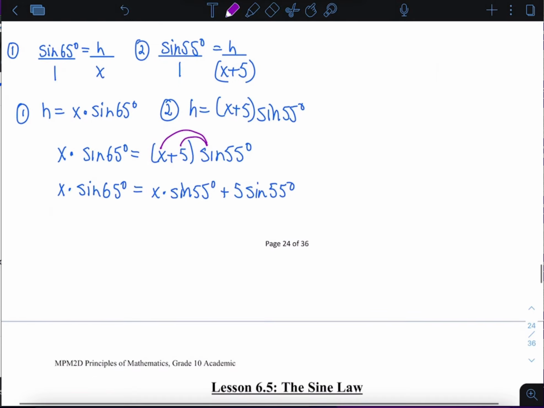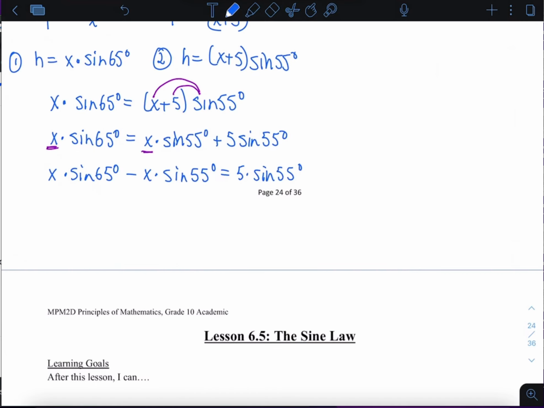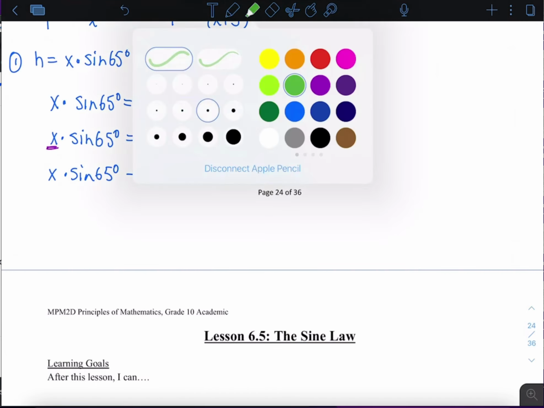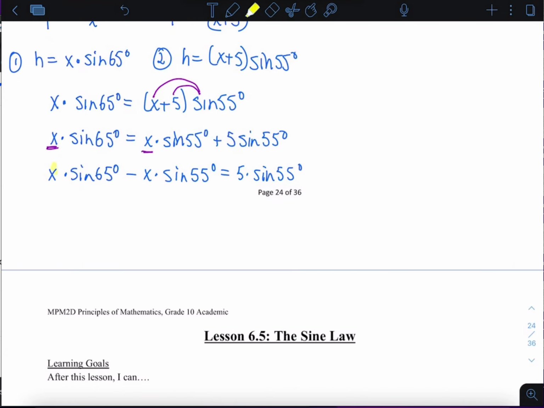Okay, and now what I want to do is put the x's on one side. So I'm going to bring the term on the right-hand side involving x over to the left-hand side. 5 times sine 55 degrees. And then what I'm going to do is this fun thing where I factor out my x value.